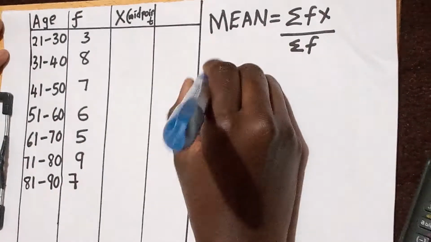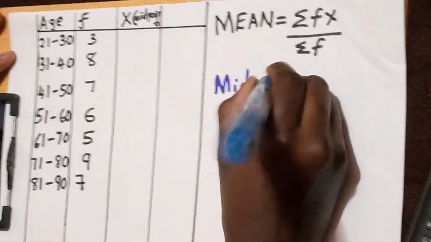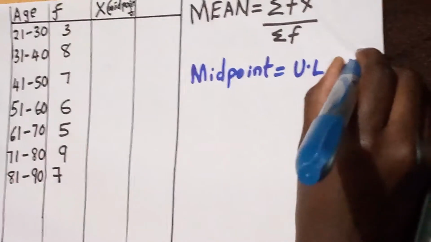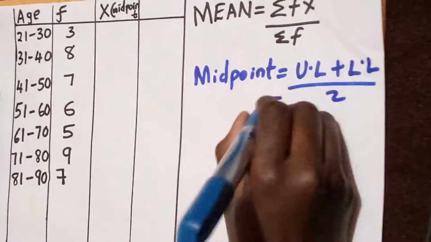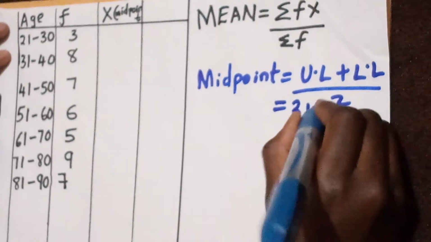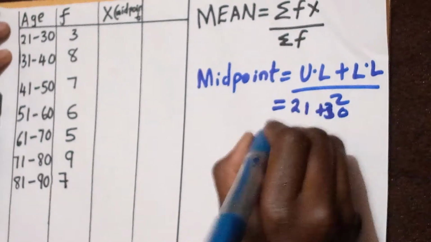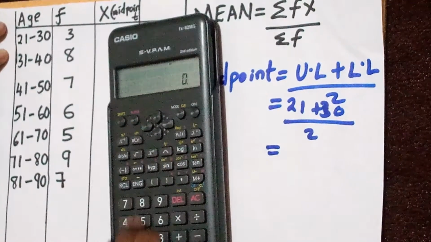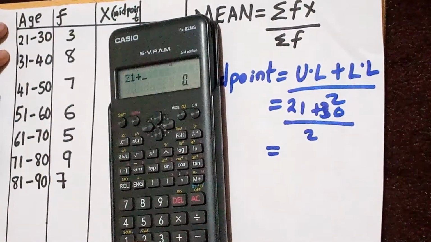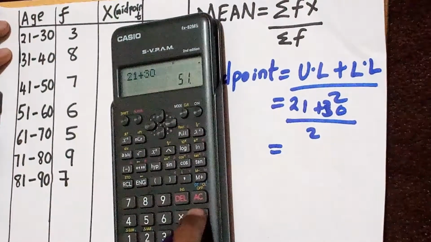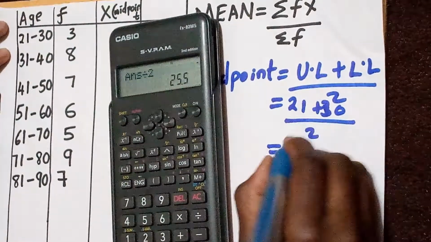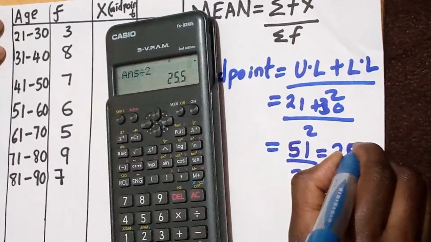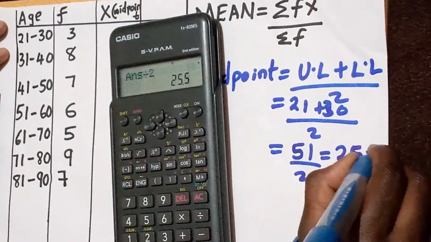So we have midpoints. Midpoints is equals to upper limit plus the lower limit divided by 2. So we have 21 plus 30, divide by 2. 21 plus 30 equals to 51, divide by 2. 51 divided by 2 equals to 25.5.